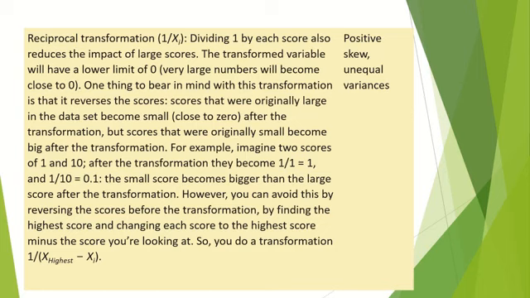How? By finding the highest score and changing each score to the highest score minus the score you're looking at. So, you do the transformation 1 divided by x highest minus x sub i. Reciprocal transformation can correct positive skew and unequal variances.